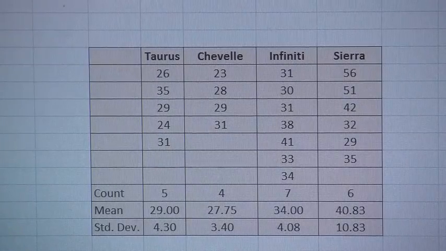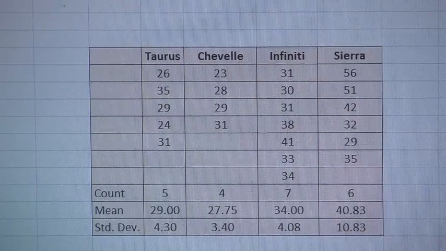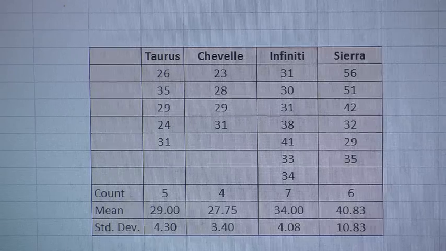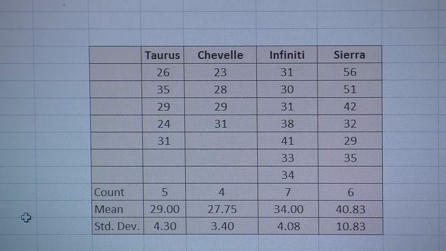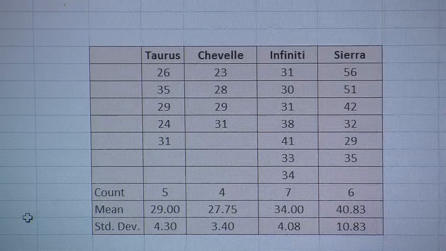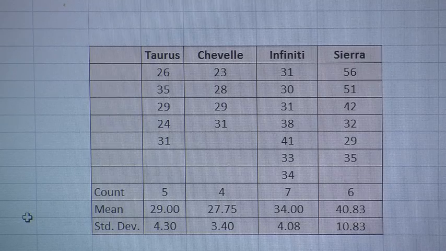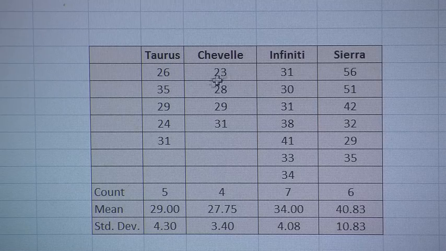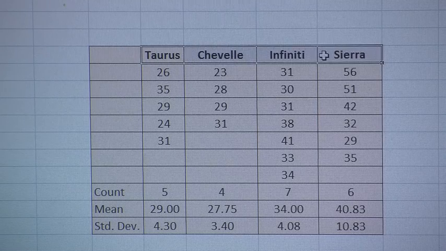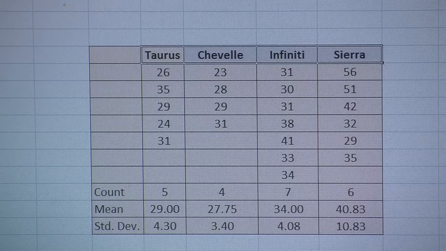In this mini lecture, we're just going to do the one-factor analysis of variance test, similar to the one that we did in class today, which was October 24th. Here we have 4 brands of automobiles: Taurus, Chevelle, Infiniti, and Sierra.